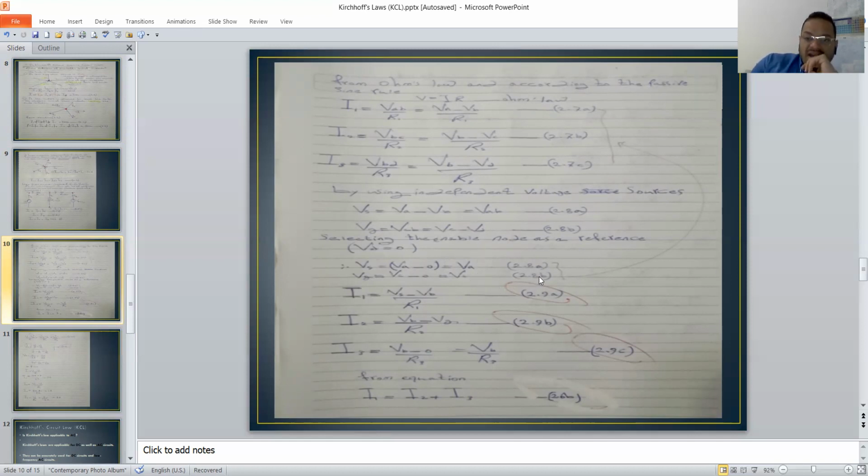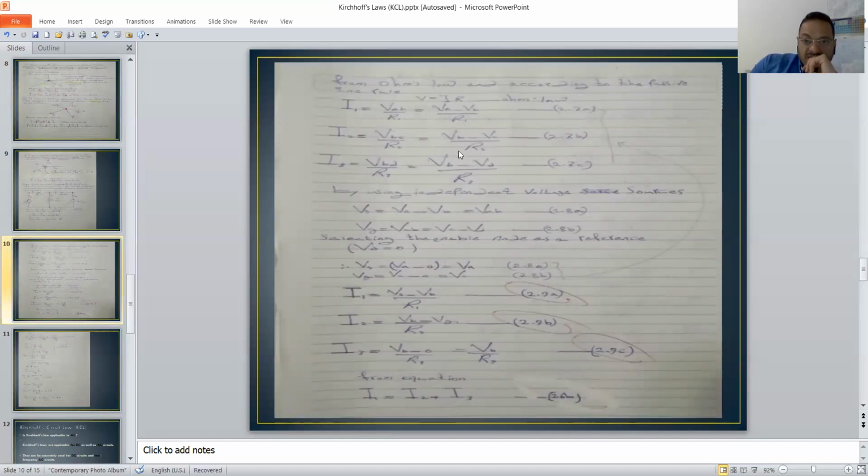That's great. Let's put these two results, VS equal VA and VG equal VC, sorry. What will happen? I1 equal VS minus VB divided on R1. I2 equal VB minus VG divided on R2.